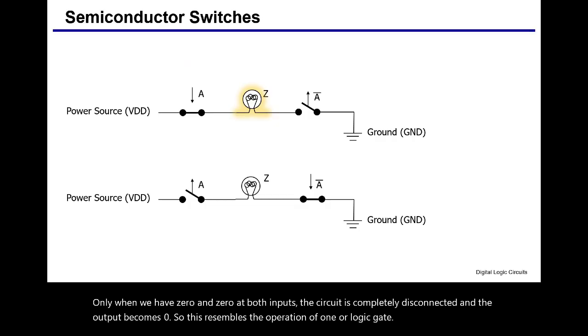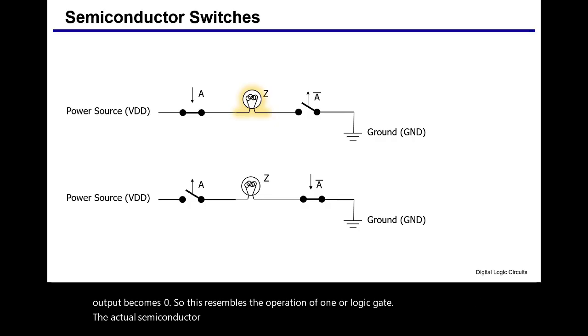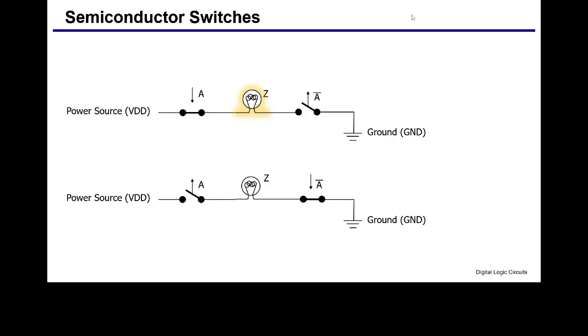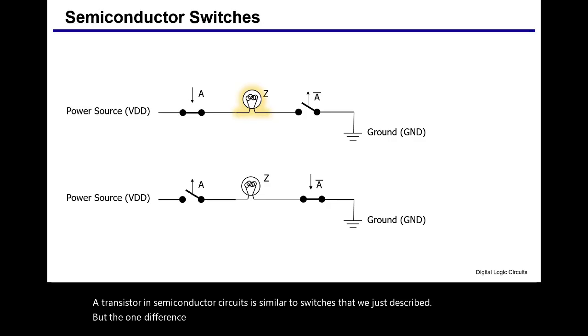The actual semiconductor circuits are a little more complex than the combination of switches. A transistor in semiconductor circuits is similar to the switches that we just described, but the one difference is that in the previous switch example, the bulb turns off when the bulb is disconnected from the power source or VDD.